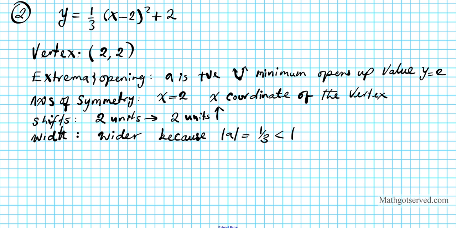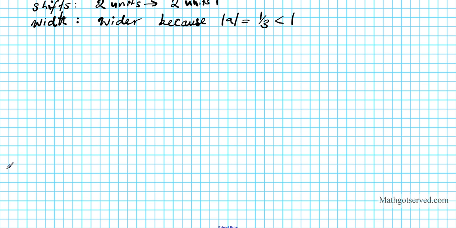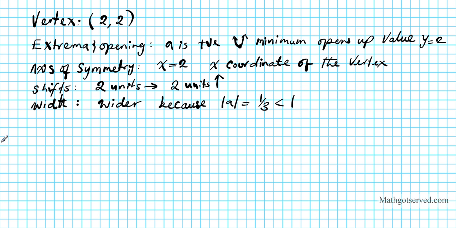All right, now let's use that information to sketch our graph. The vertex is at (2, 2), which is in quadrant 1, so let's make our quadrant 1 slightly bigger than the rest. We go 2 to the right and 2 up. It opens up, so the parabola, just a sketch, opens up like this. Now let's draw the axis of symmetry.